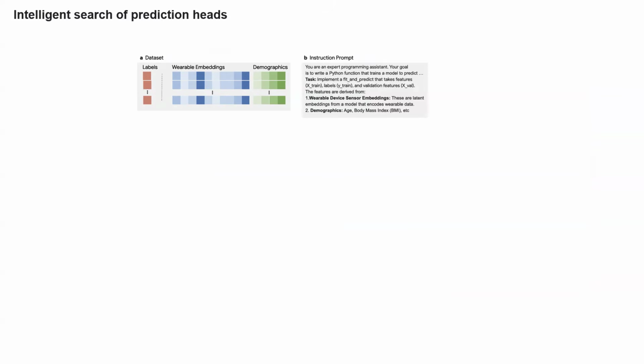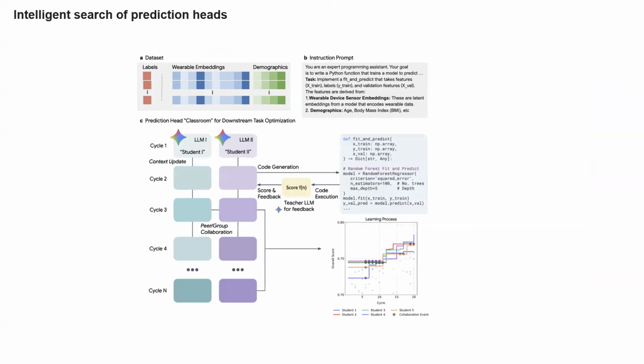Then they give the instruction prompt to an assistant, and the prediction has basically 5 student LLMs, which are different versions of Gemini. They have cycles where they generate the code, execute that code, check how well it is doing, give the feedback, and then repeat cycle by cycle.